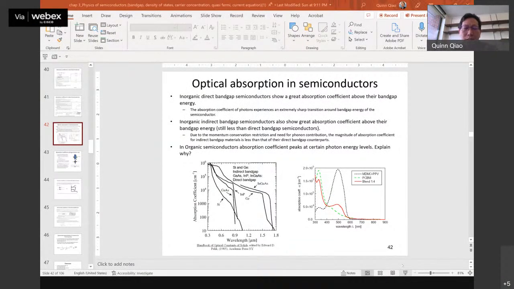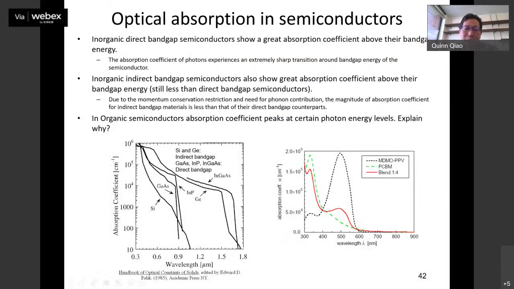You look here: below the band gap, there's no absorption. If photon energy is smaller than the band gap, it just transmits through the material. That's why you have to have energy larger than the band gap.